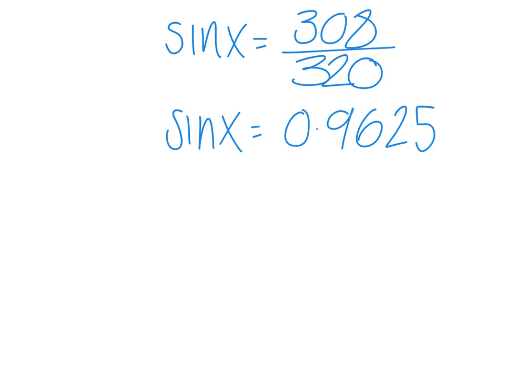Now at this point we use our CAST diagram. So put this down, all sine, tan, cos. The fact that this value here is positive tells us which quadrants we're going to use, and tick. So that's going to be the all quadrant and the sine quadrant. Now if we go ahead and find the inverse sine of our value using our calculator, then the answer produced will be the answer from the all quadrant.